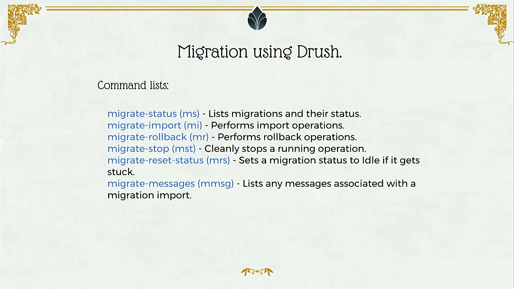The first Drush command gives you the option to check the status of the migration files. Then you can run the import. Then you can roll it back if you are not happy with it. Then you can stop it. Then you can reset it. And you can find out the migration messages, what messages happened, if an error happens, or those things. These are the basic commands you need to understand when you're doing migrations.